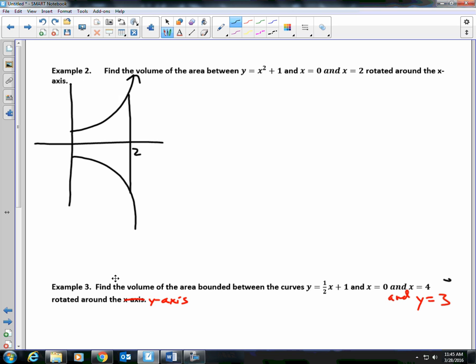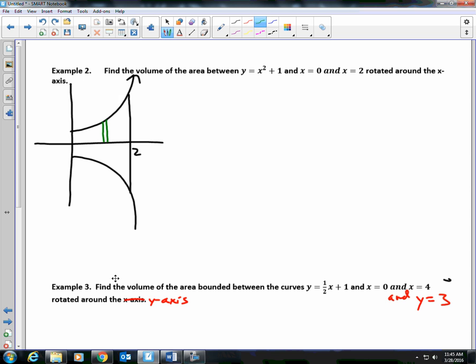A hammer? Okay. How about a tree stump? Okay. So a tree stump where this is the bottom, this is the top. Bell of an instrument, except it's solid all the way through. Thank you. Excellent. So what we're going to do is we are going to take a rectangle.